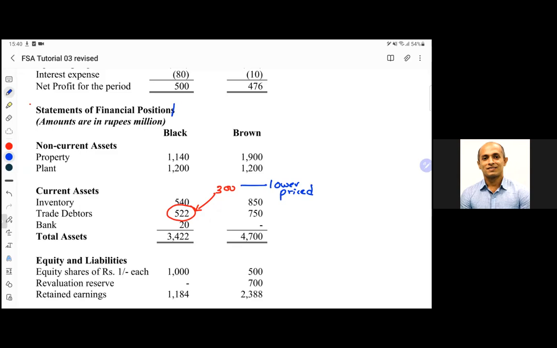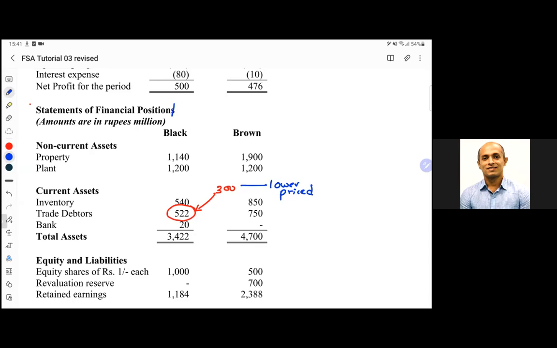The usual transaction price is cost plus 50%. But these receivables include 300 million at cost plus 20%. A part of the debtors are not at the usual transaction price.